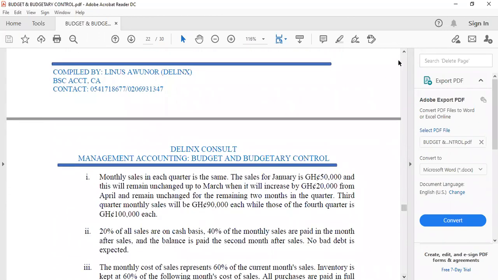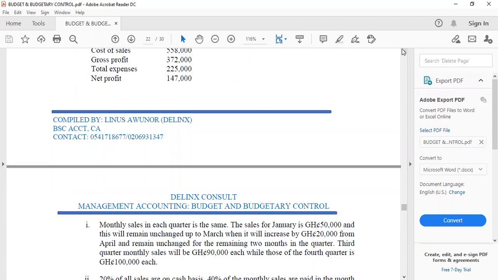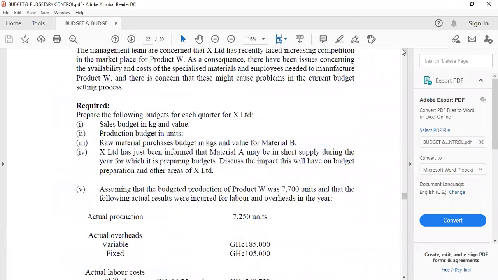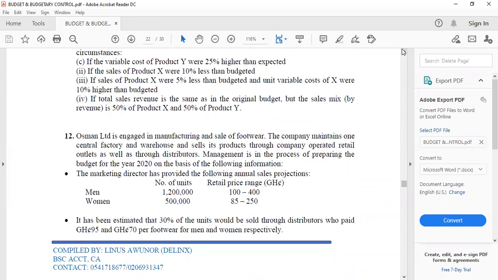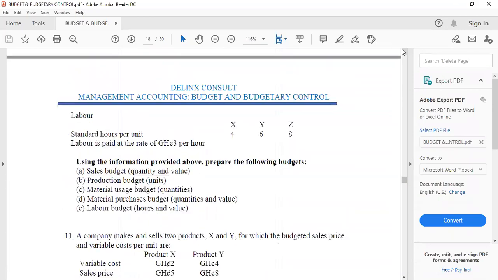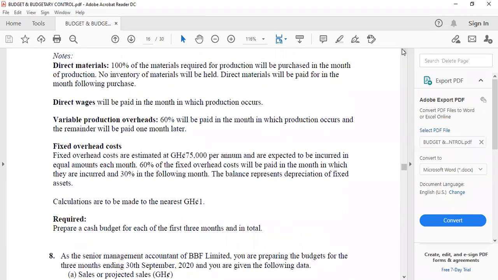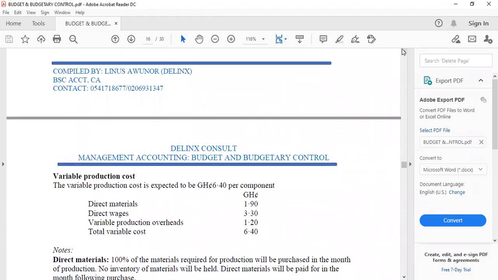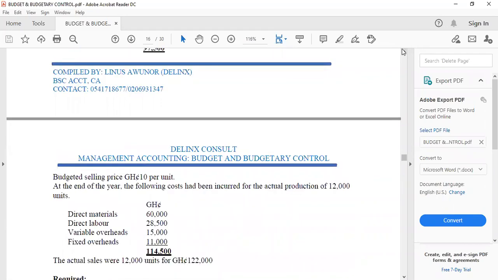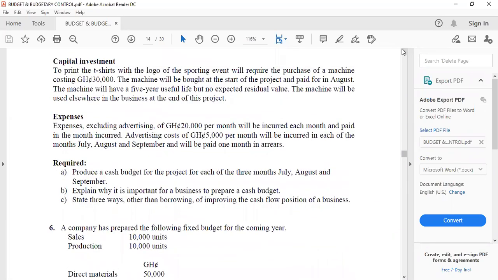Let me solve the one that I want to solve for you. If I have time, I will solve that one for you. If I don't have time, then you solve it on your own. It's not difficult. If you follow what we did right now, you won't have any problem. We solved question 8, right? All right, let me go and look for that question.